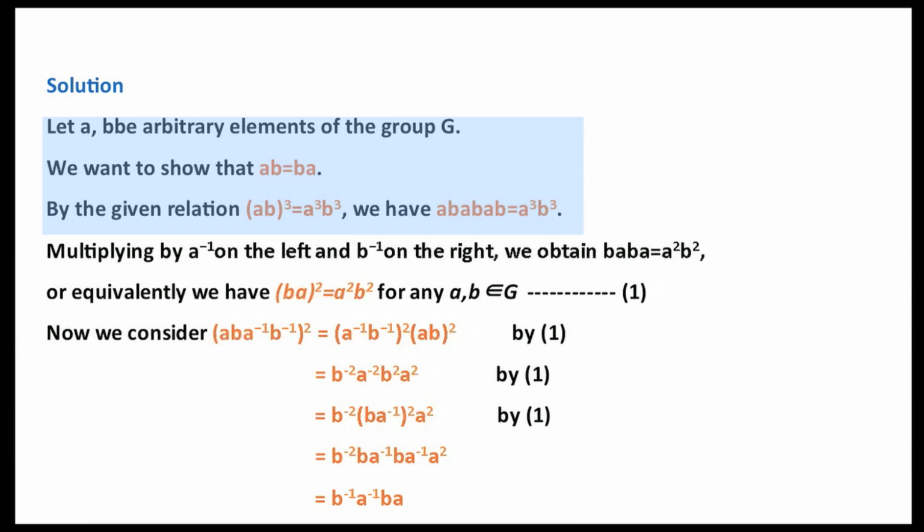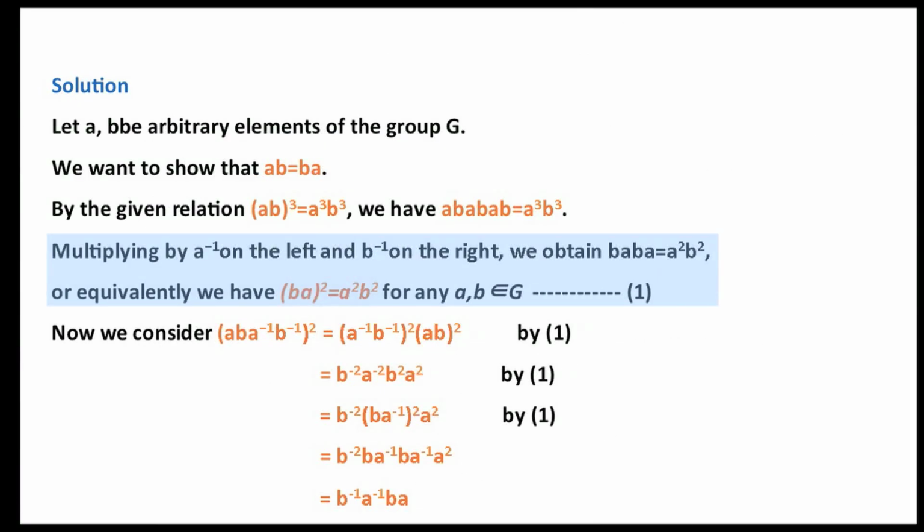Let a, b be arbitrary elements of the group G. We want to show that ab = ba. By the given relation, (ab)³ = a³b³. We have a·(ba)·b... = a³b³.